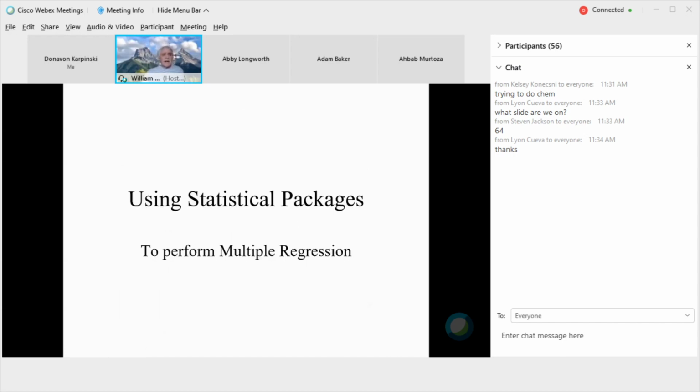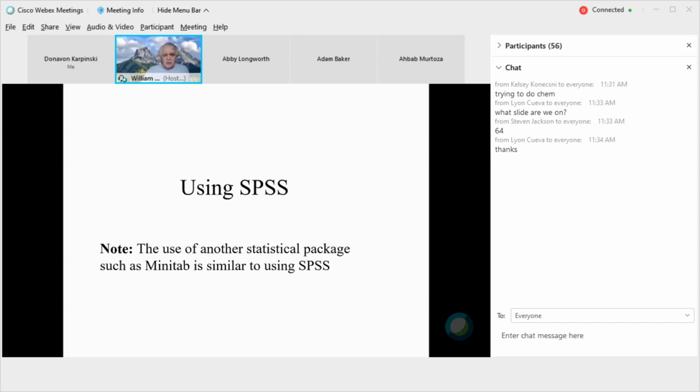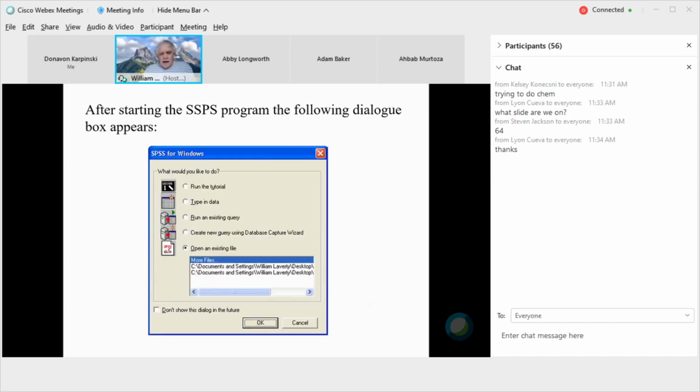Using statistical packages: you have to use a package because the equations for finding the least squares estimates are big. To use SPSS, you can also use other packages like Minitab. After starting up SPSS, you open up the data.